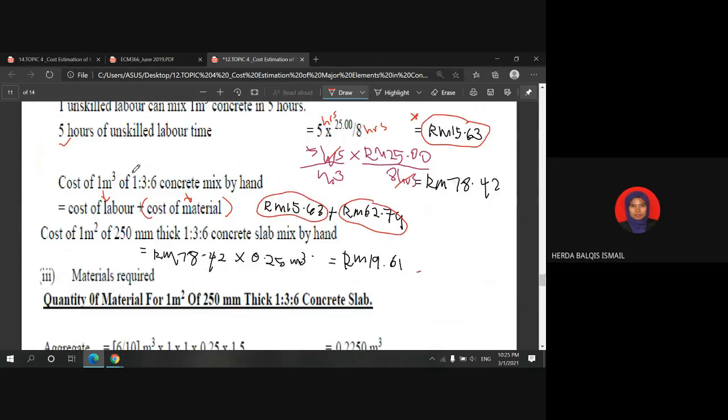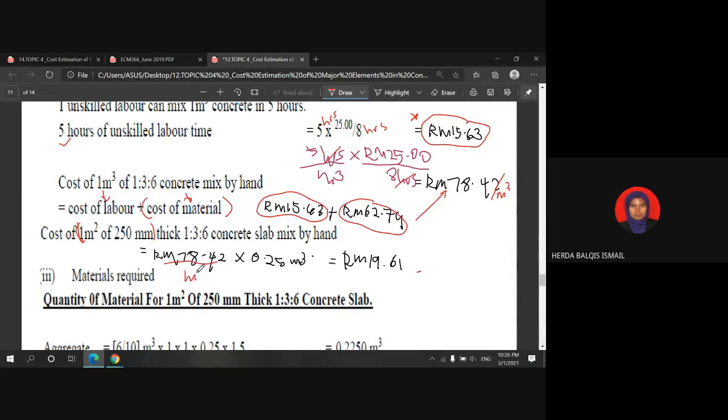So the cost of concrete mixed by hand per cubic meter is 78 ringgit and 42 cents. This is the sum up. Thus, we know that the volume required for the slab is 0.25 cubic meters, so you multiply with the cost per cubic meter mixed by hand.